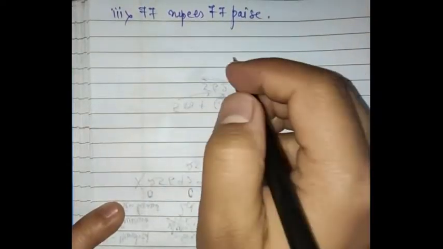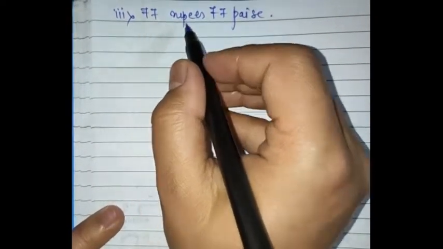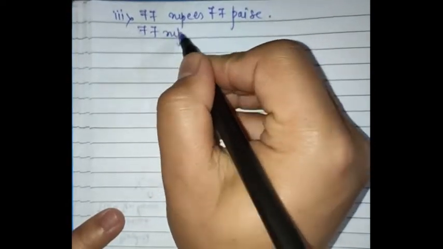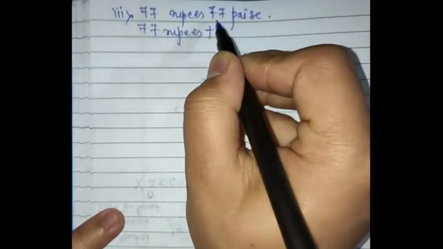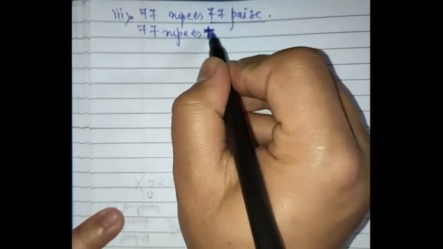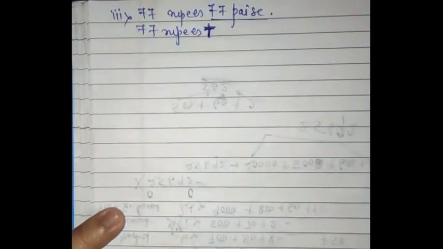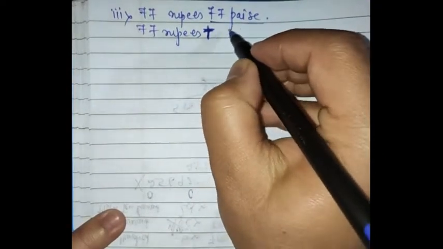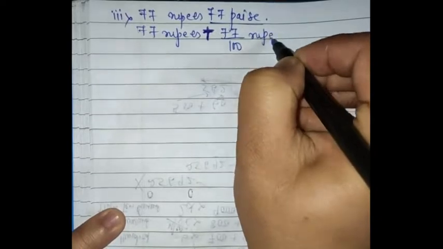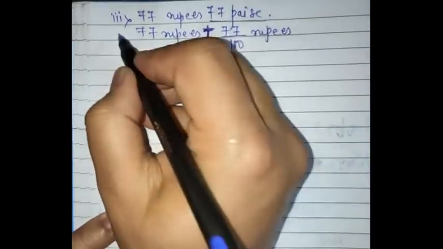Our next question, question number 3, 77 rupees 77 pice. 77 rupees plus, before writing the pice form, we will write this plus sign here. Then 77 by 100 rupees, because 1 pice equals 1 by 100 rupees.